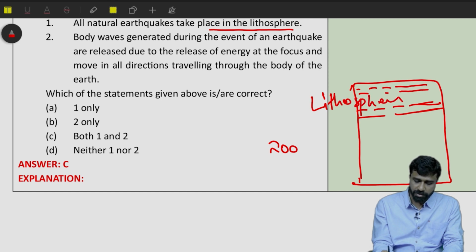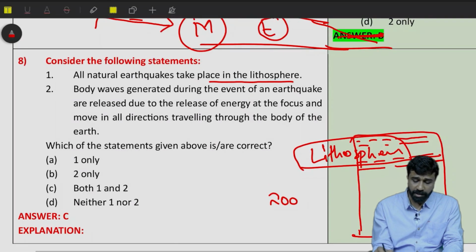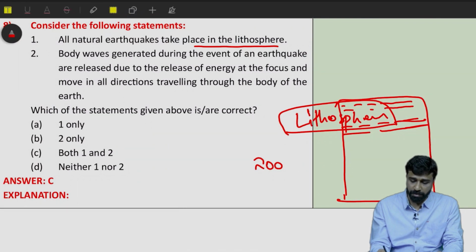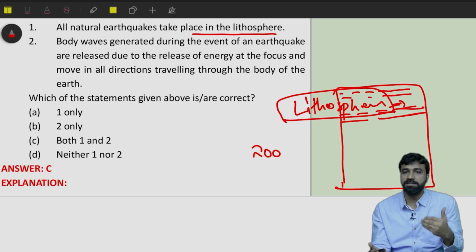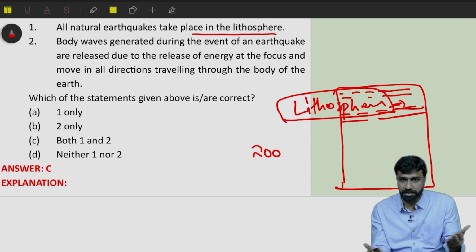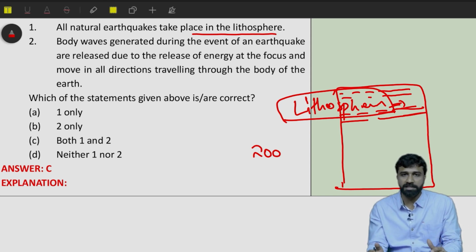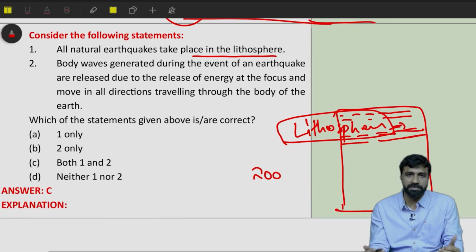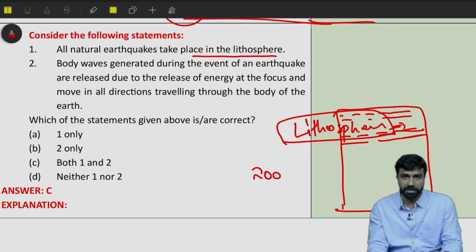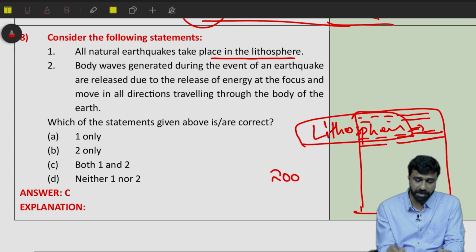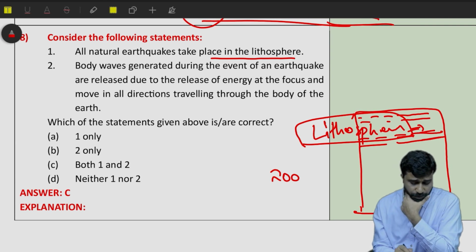So all natural earthquakes occur in the lithosphere part because it is in a state of plastic, and due to intense heat, this magmatic chamber is emerged, and this magmatic chamber will always cause the upper parts, that is the plates, to move towards each other and away from each other, which will cause tremors in that place, in the boundaries of those upper plates. So the first statement is definitely true.